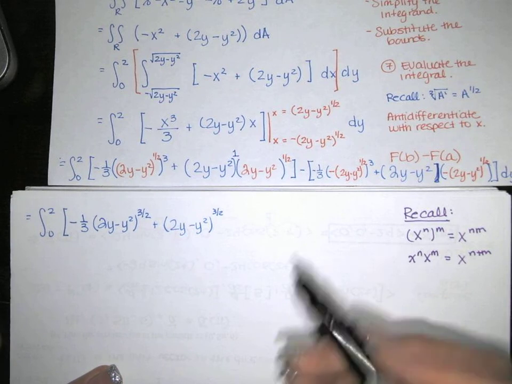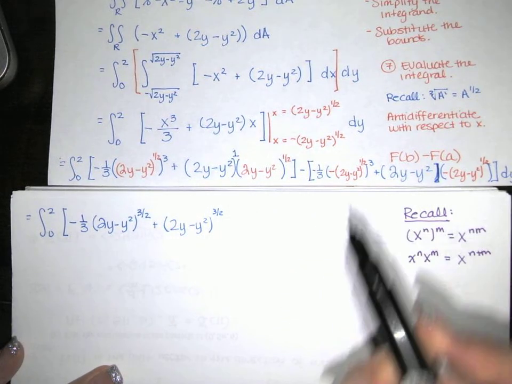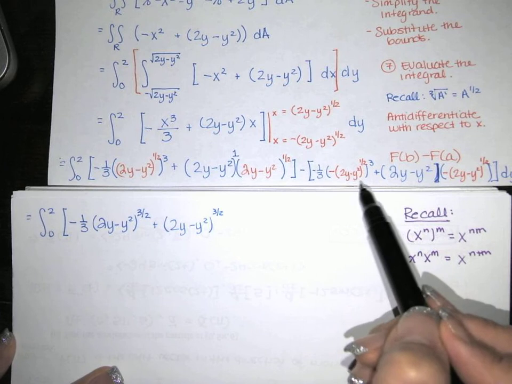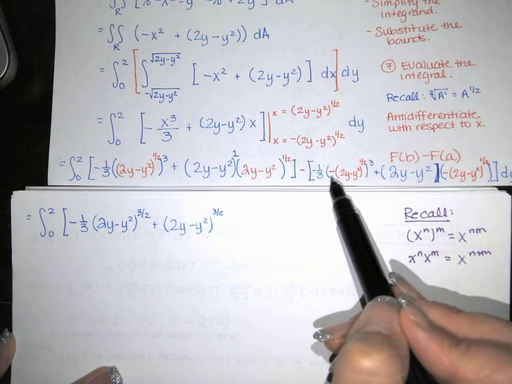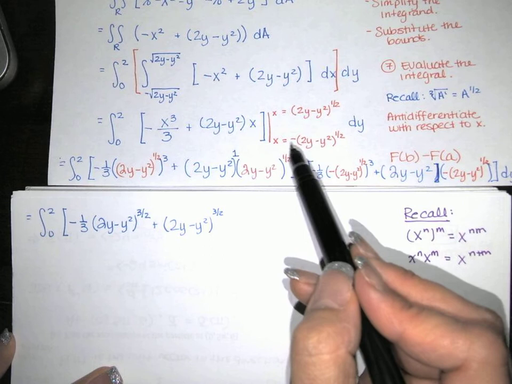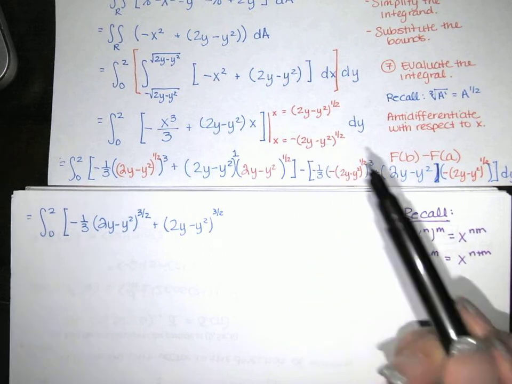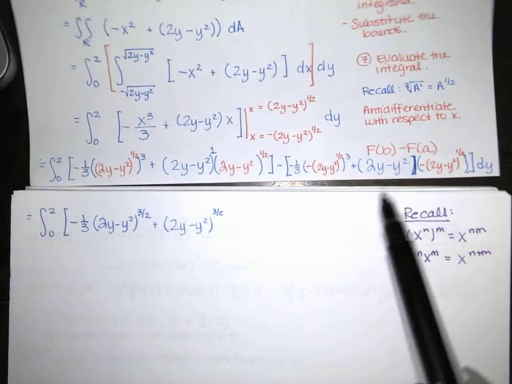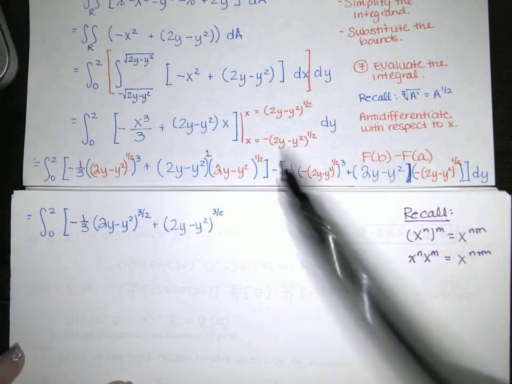Okay, now over here I've got something very similar, but notice I have a negative 1 in front of this quantity because of that lower bound being the negative square root from earlier. The negative square root was over here. So there's a negative there.